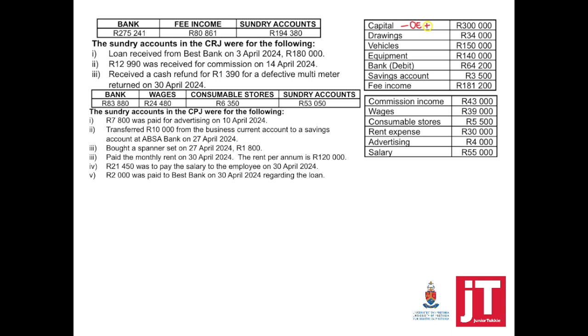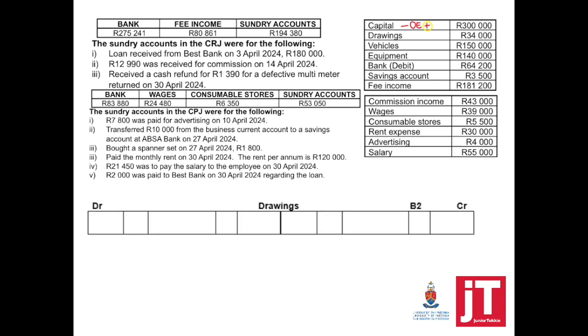The second account that we need to open is drawings, a balance sheet account. Drawings is regarded as a direct owner's equity account, which means it will always minus on the debit side and plus on the credit side. Another way to understand where we take drawings: drawings starts with the letter D, D for debit.